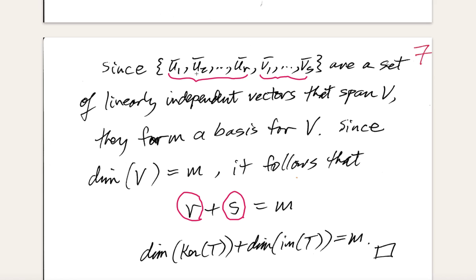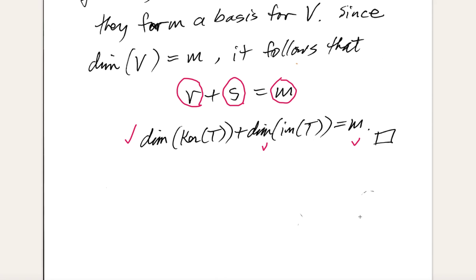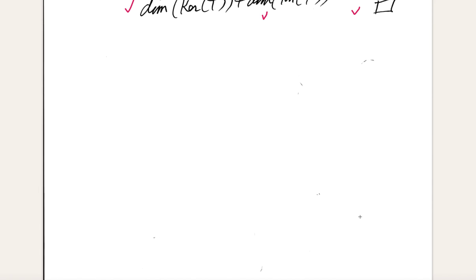And the dimension of the whole vector space V was M, so that we've got R plus S is equal to M. And rewriting that, that means the dimension of the kernel of T plus the dimension of the image of T must be M, the dimension of V itself. Okay, so there you go.